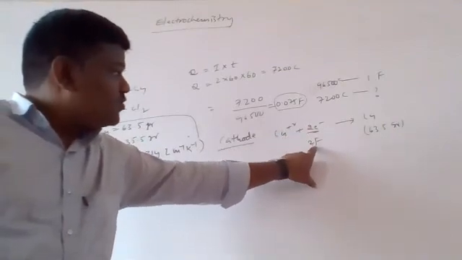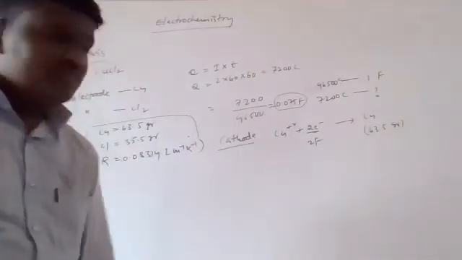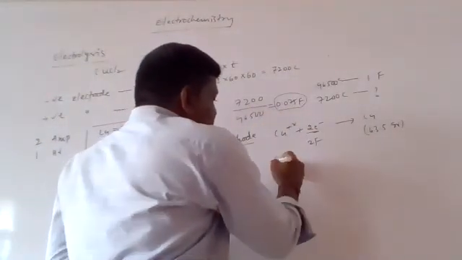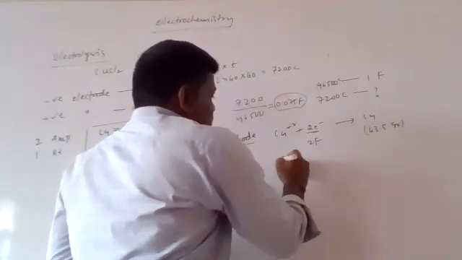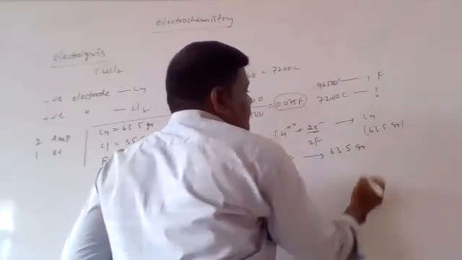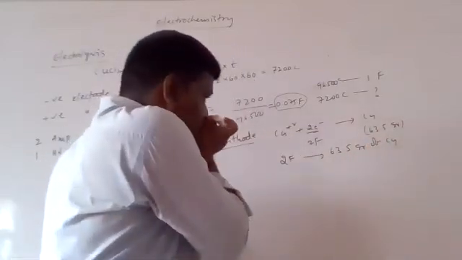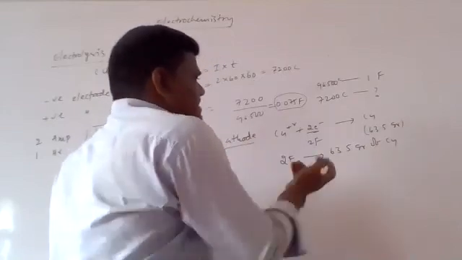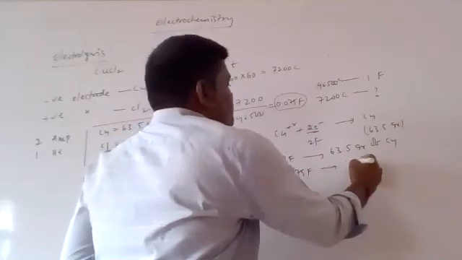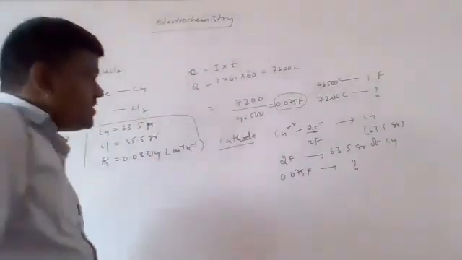That's why 2 Faraday of electricity forms 63.5 gram of copper. Then 0.075 Faraday forms how many gram of copper? Now directly do cross multiplication.